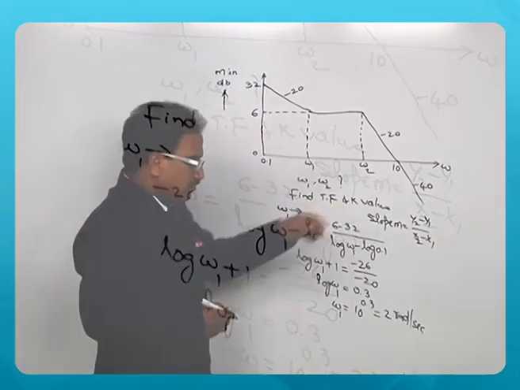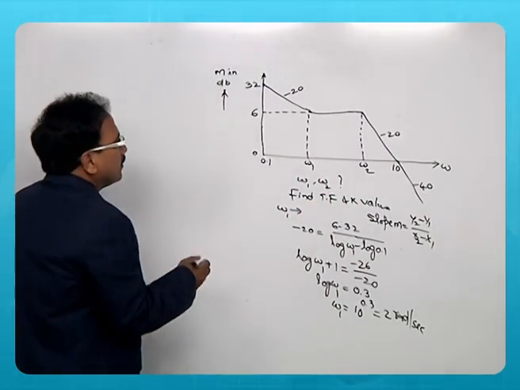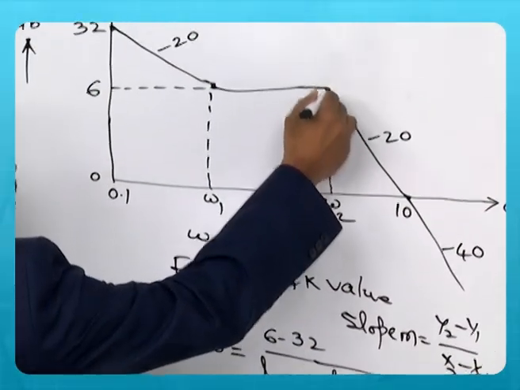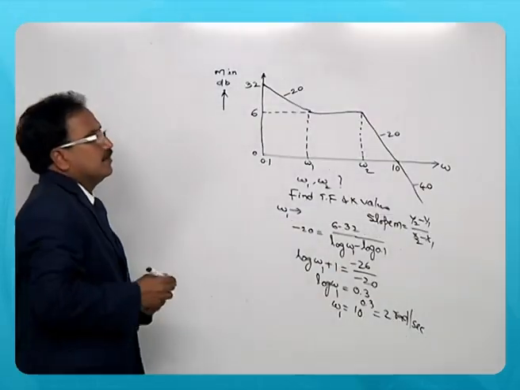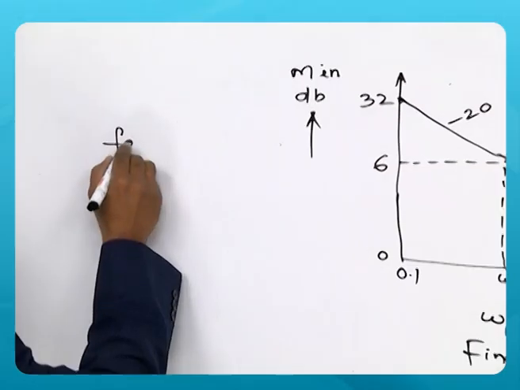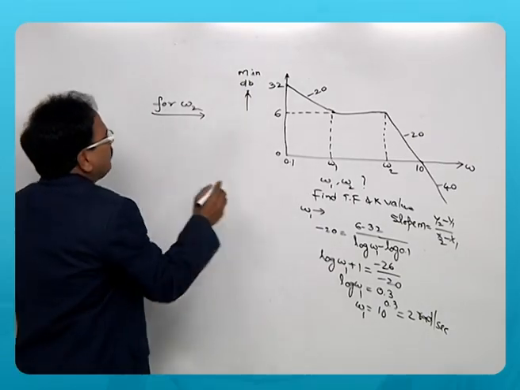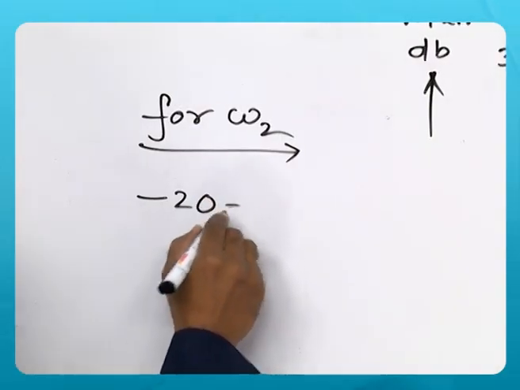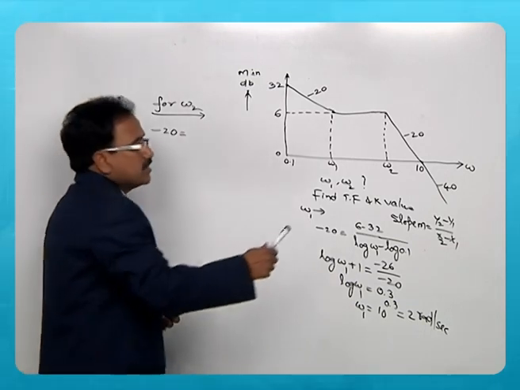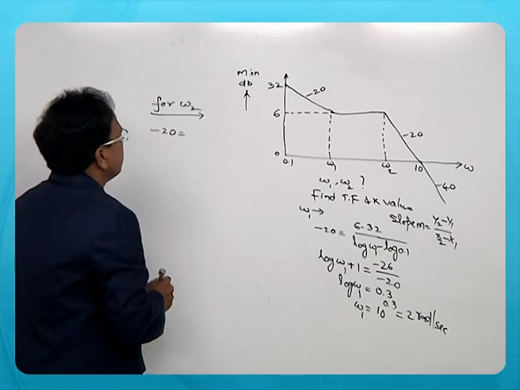Now next we need to determine omega 2. Again you can see at omega 2 the slope is changing to minus 20. So I must equate for finding omega 2: the slope is minus 20, changing from omega 2 up to 10, the corner frequency.